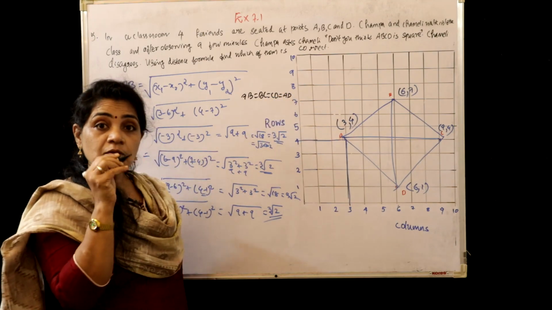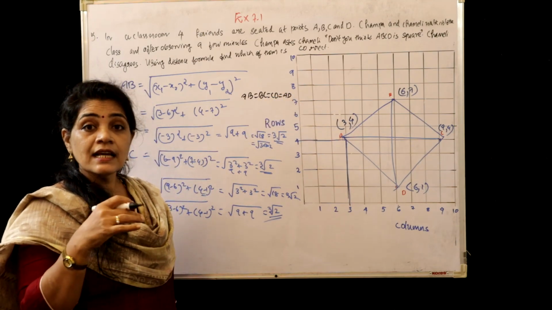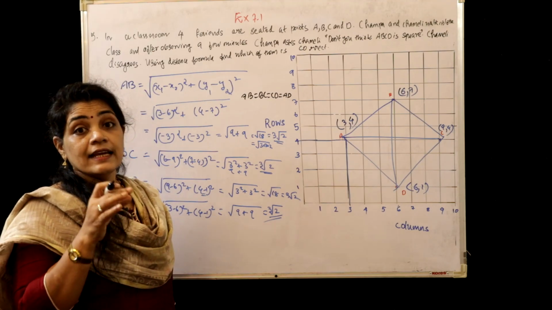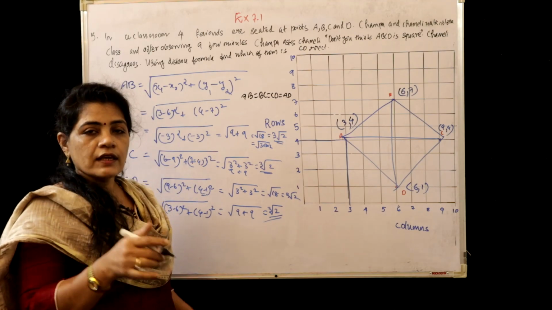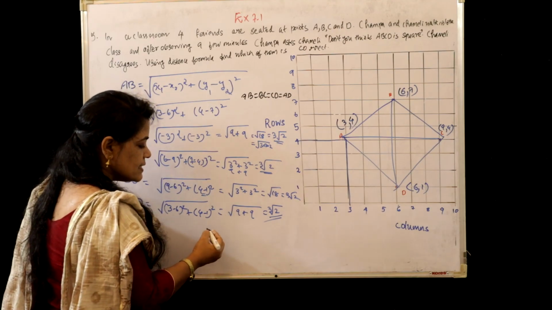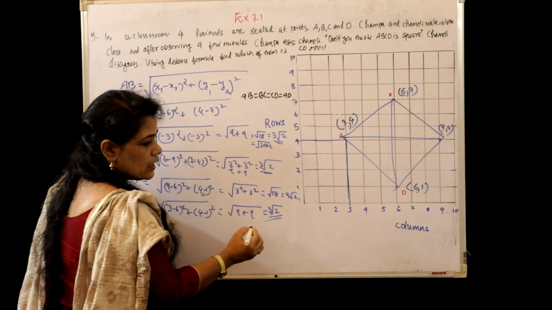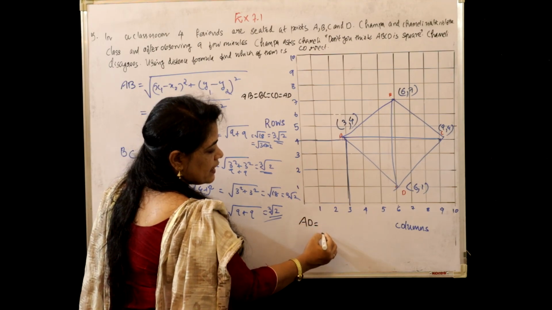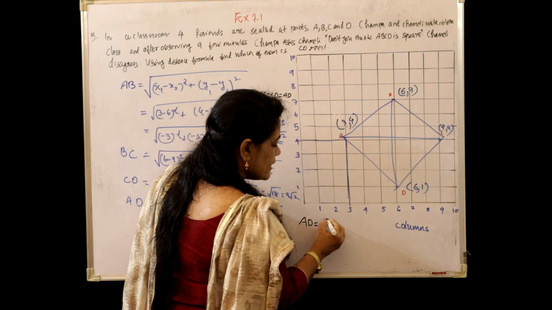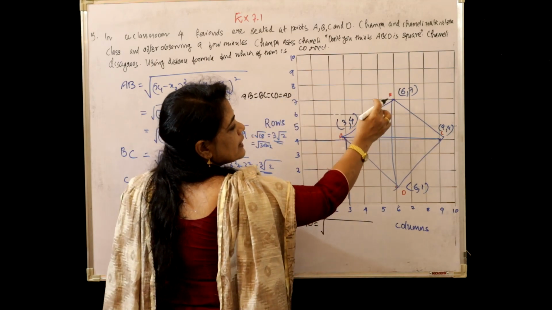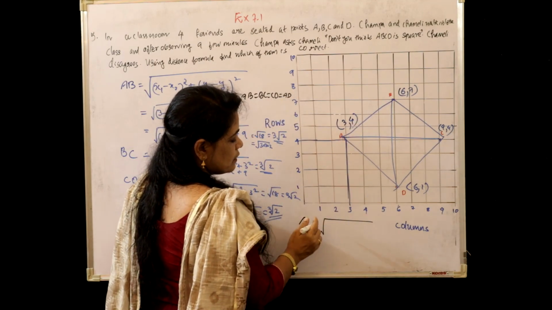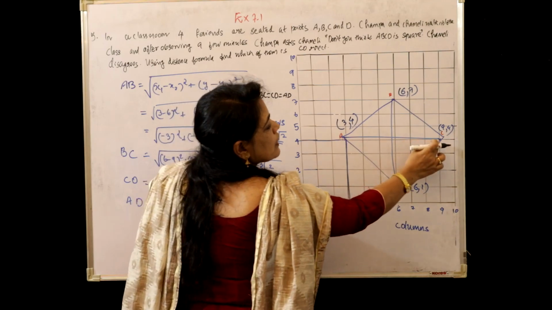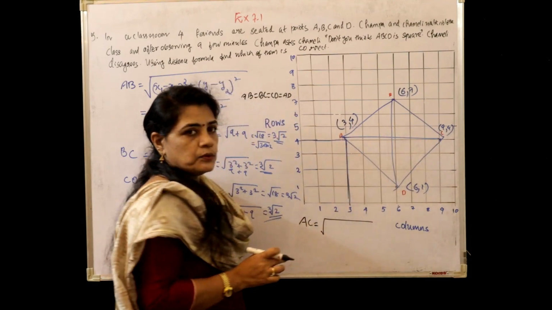Our next aim is to check whether AC equals BD. By the same distance formula, see children, for the first diagonal, a square has two diagonals, so you can take AC, not AD, AC. So x1, y1, x2, y2.